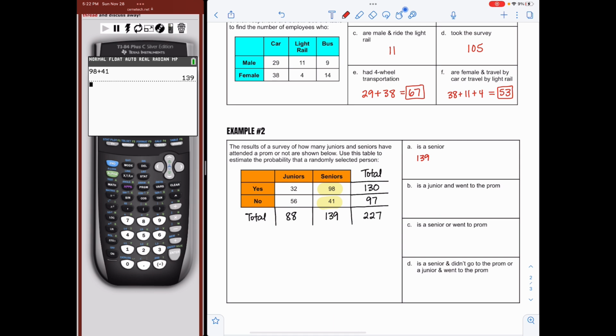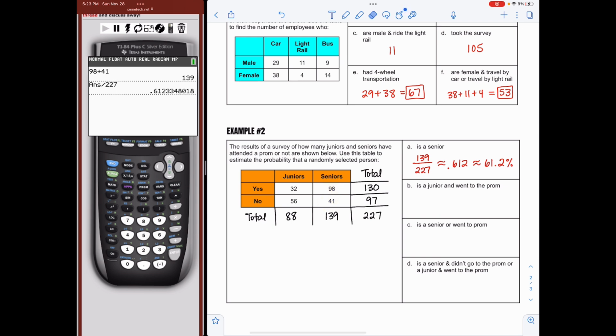So that's 139 out of 227. When I do divided by 227, I end up getting that this is approximately 0.612, the decimal, which equates to 61.2%.